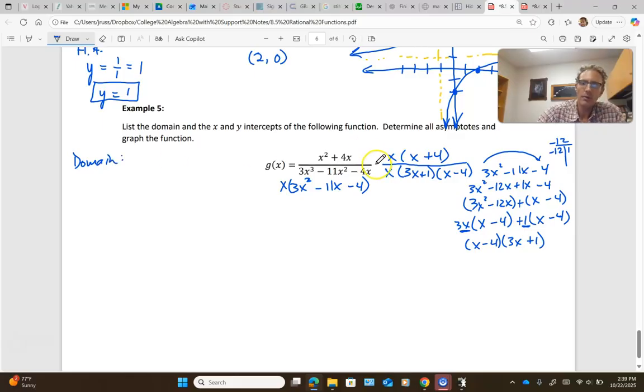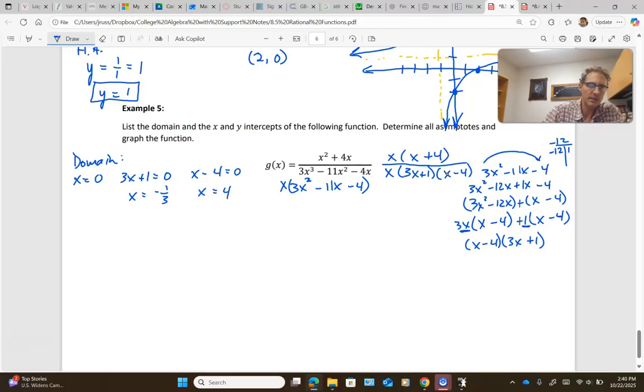Well, because the denominator is now in factored form, I just take all these factors and set them equal to 0. So that one is done. The 3x plus 1, you're going to have to subtract 1 and divide by 3, and you'll get x is equal to negative 1/3. And then the x minus 4, you're going to get x is equal to 4.